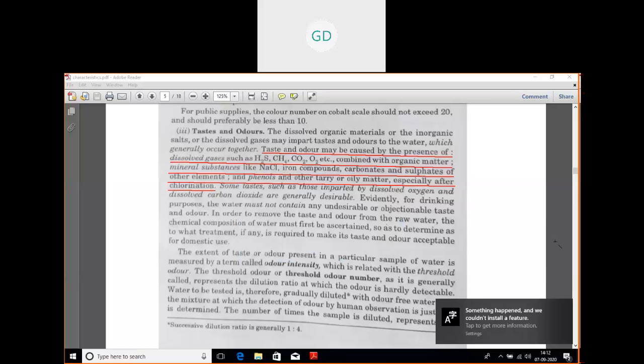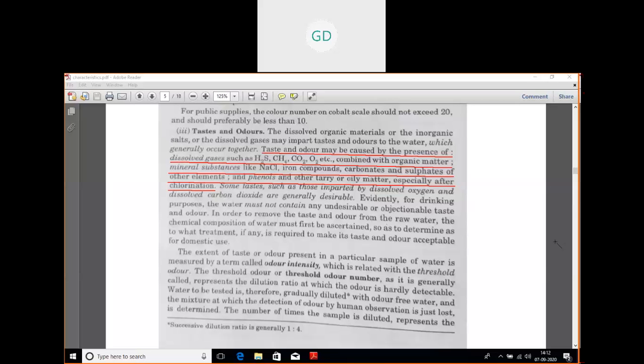It is told that taste and odor are caused by the presence of some dissolved gases combined with organic matter, and also some mineral substances like sodium chloride, iron compounds, carbonates. Obviously, if water is very smelly, then it is not possible to drink that water in any case.